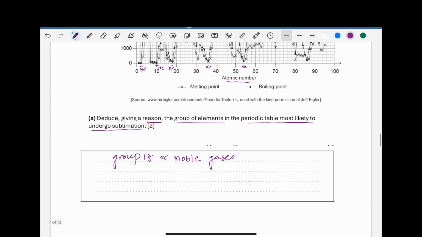Reason. So the reason is that there is a small difference between melting and boiling points.